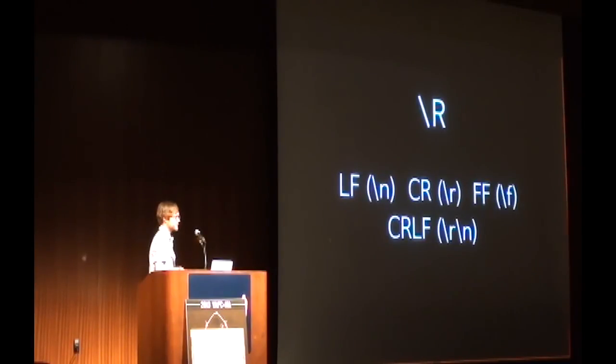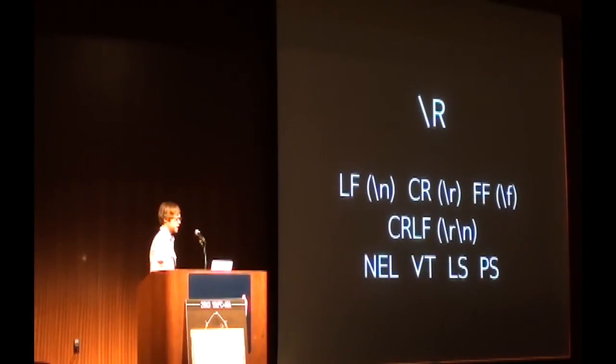It's not CR and then LF, because CRLF is essentially a cluster of control characters at the end of your line. And then there's next line, vertical tab, and so on and so forth. Well, it matches all of those. This is very convenient because I've had a lot of situations where I have to do a character class just like bundling all these different potential line endings.